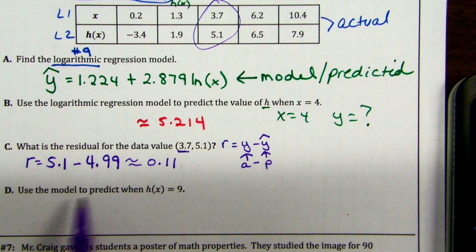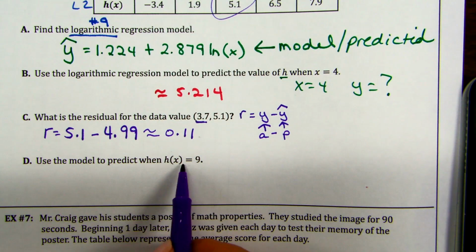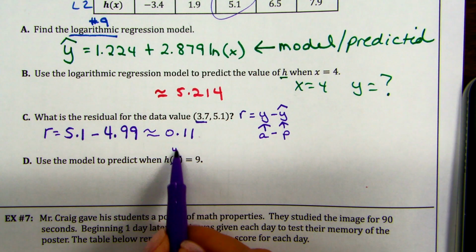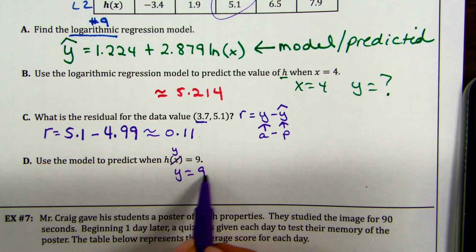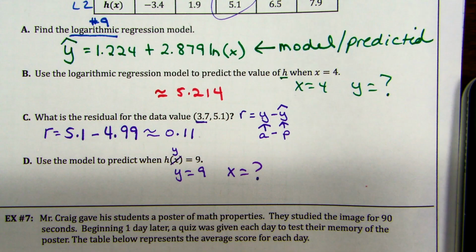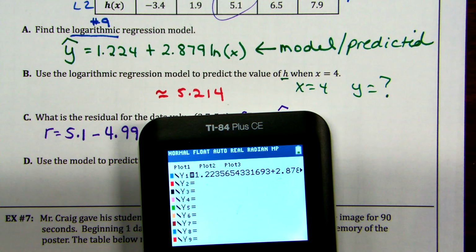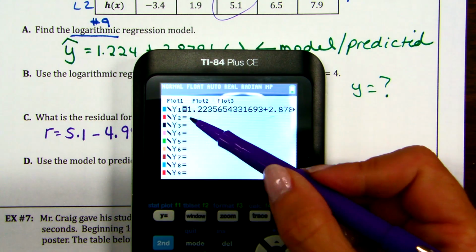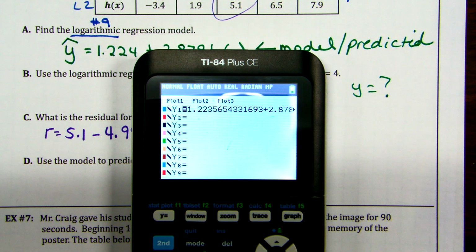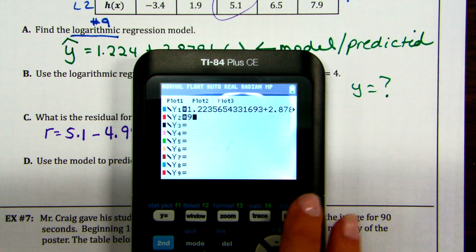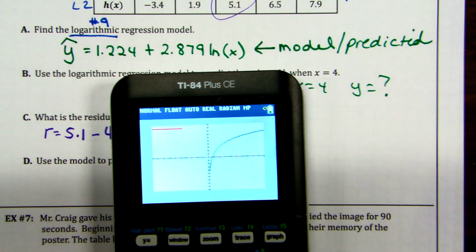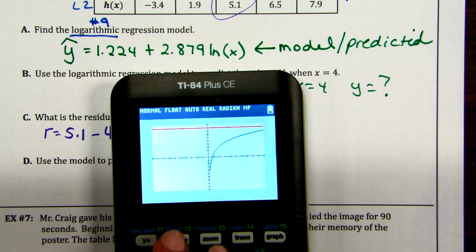Okay, use the model to predict when h of x is 9. This is y. So when y is 9, x is what? That is intersection, right? I mean, think about it, guys. You're typing in y equals 9. So this is where you have y equals, in your graph. So y equals 9. We need to see the intersection. If you don't, change your window.